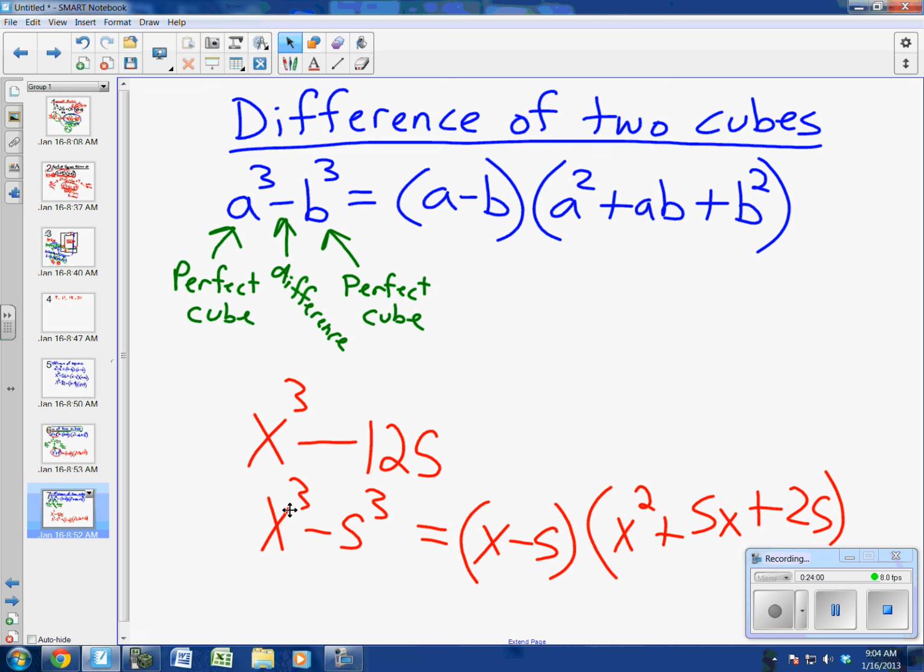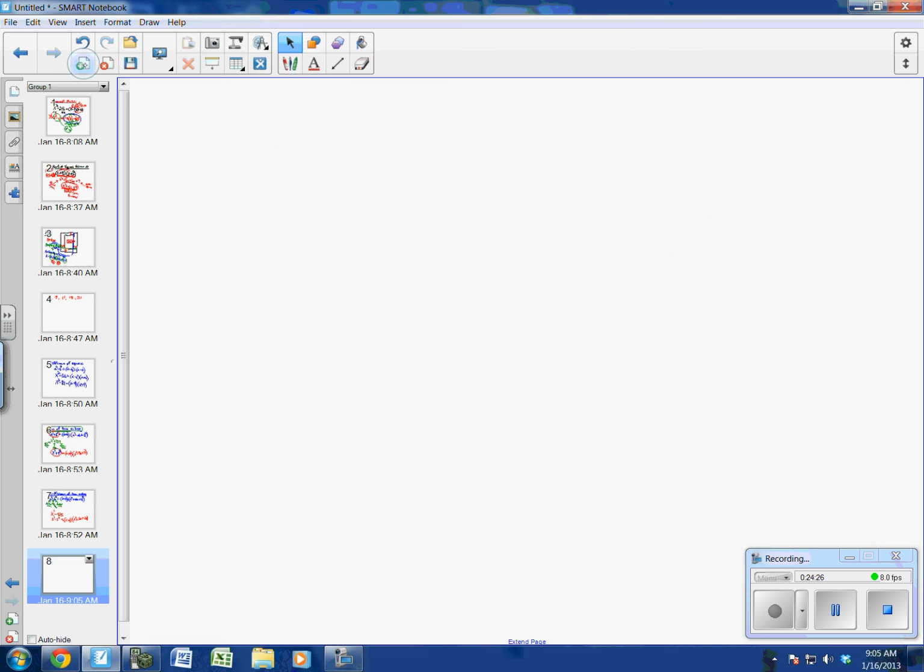Kai, the formula is right here, and that's a positive 5. It's x cubed minus a positive 5. The sign in front is minus, but that's positive 5, okay? All right, next one.